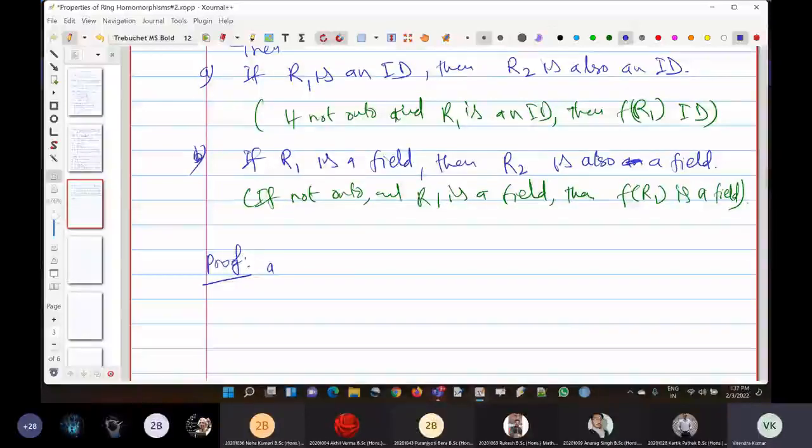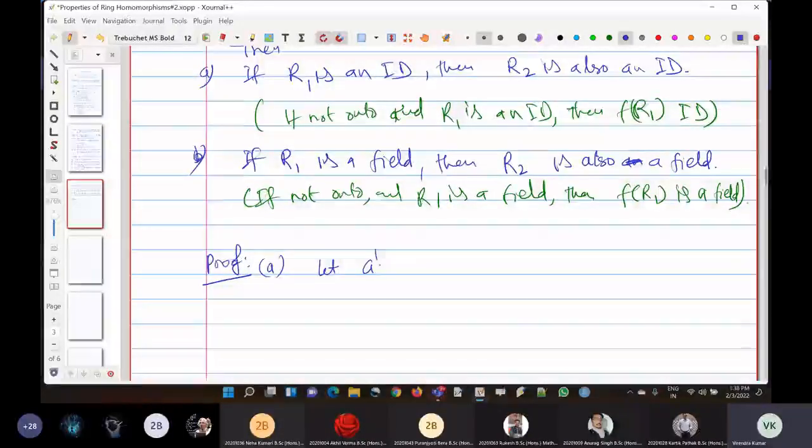Proof of part A. It is given that R1 is an integral domain. Okay, so let us assume that, and we need to prove that R2 is also an integral domain. One more thing we have here is that f is given to be an onto map.